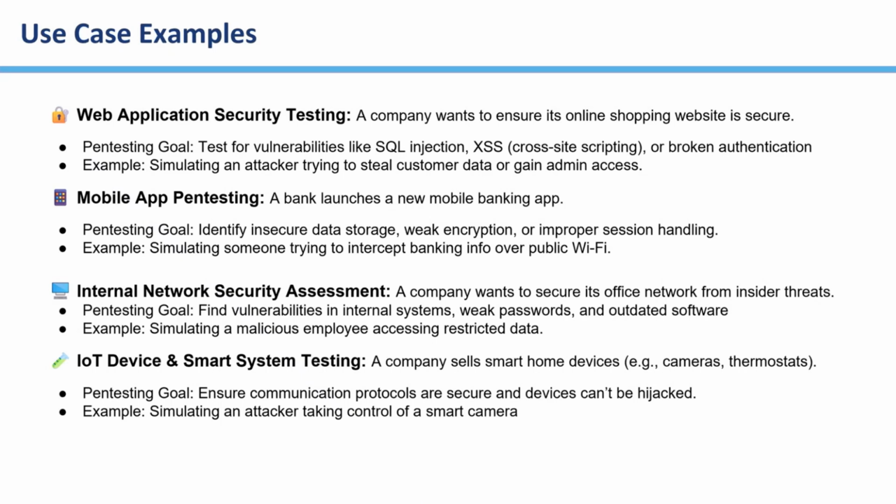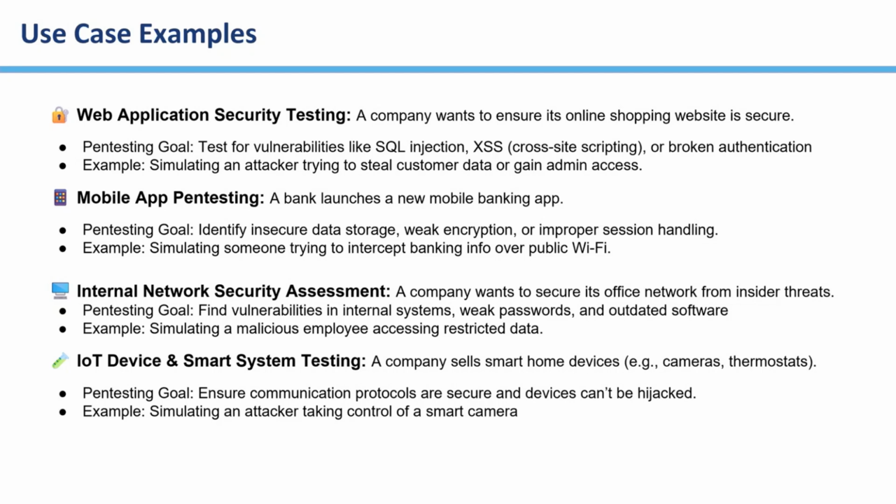And then, for example, I will give an example of web application security testing, where we test for vulnerabilities like SQL injection and cross-site scripting. For mobile application pen testing, we identify insecure data storage, weak encryption, and improper handling.